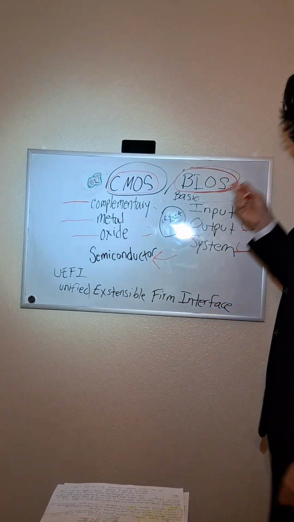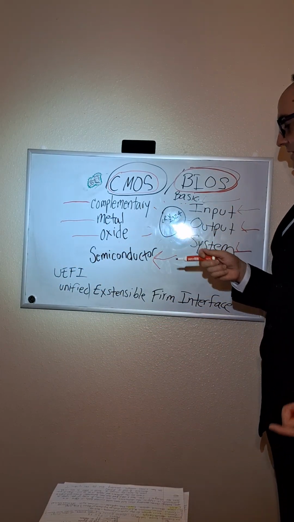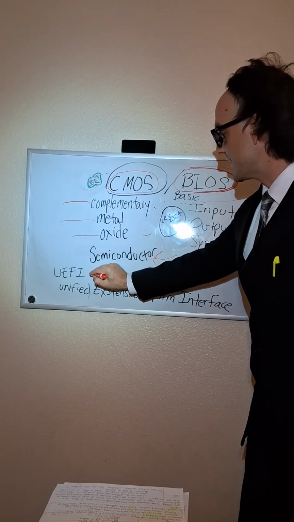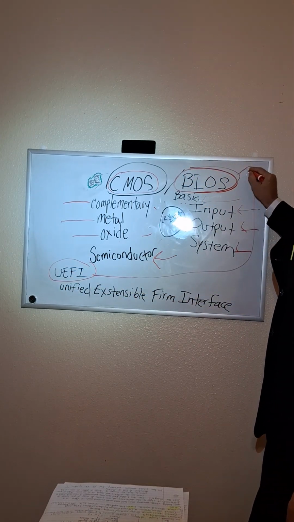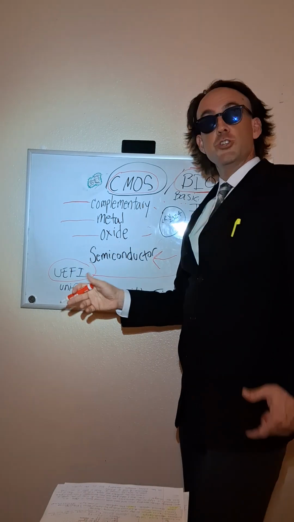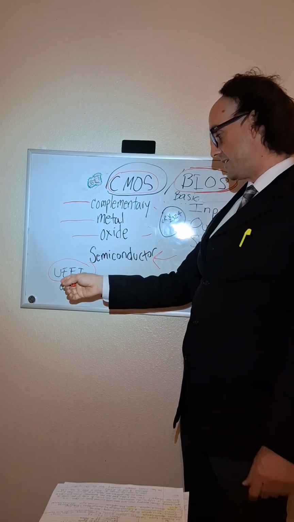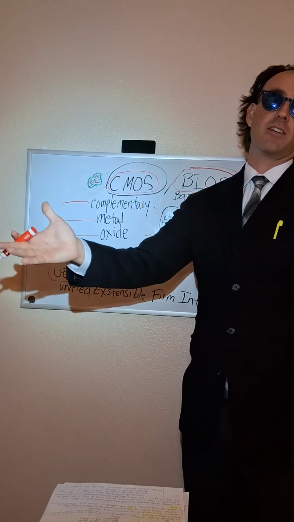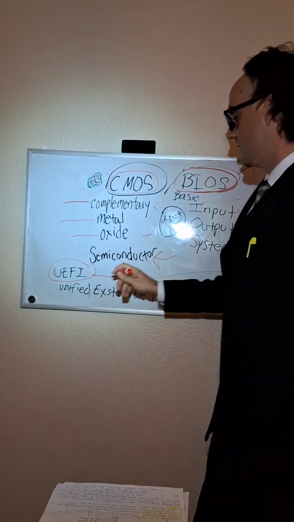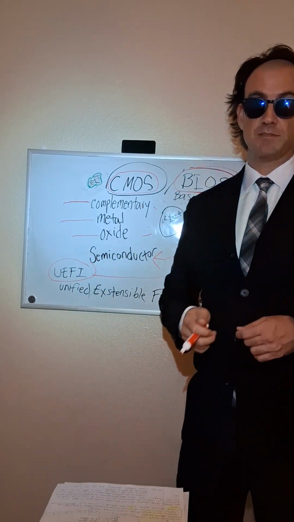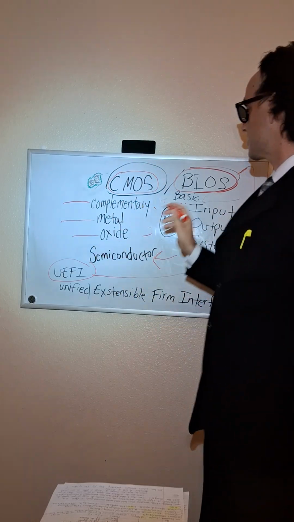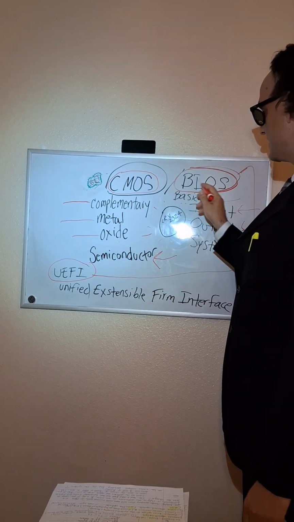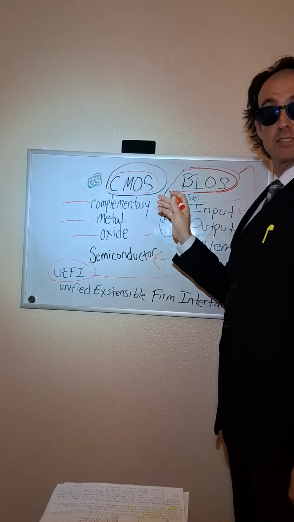And then UEFI is connected to the BIOS. In newer systems, UEFI is what's there in place of BIOS, and it supports faster start. Before we get into it, let's talk about what we're covering today.